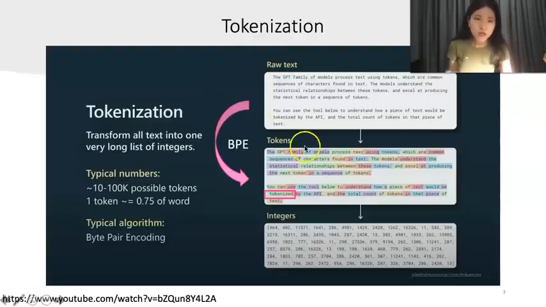But before that, I will mention a little bit about the integers. After you have your tokens, these tokens will be mapped to their index from an embedding lookup, or you can think of it as a dictionary. So you have your dictionary of your input embeddings, word embeddings.